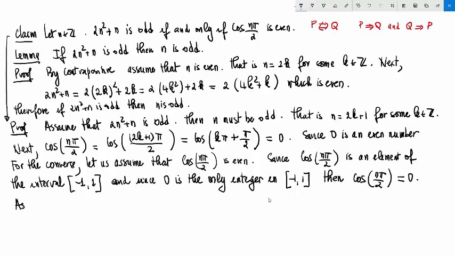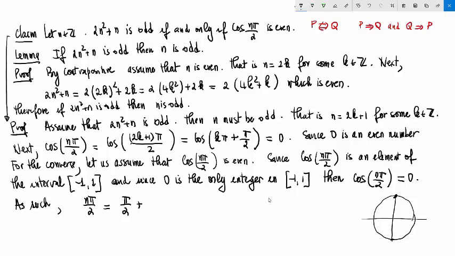As such, then n pi over 2 must be equal to pi over 2 plus... so let's think about it. So here you have the unit circle, right? And you have an angle whose cosine is 0, so that angle can be either here or there. Then there are two possibilities, right?